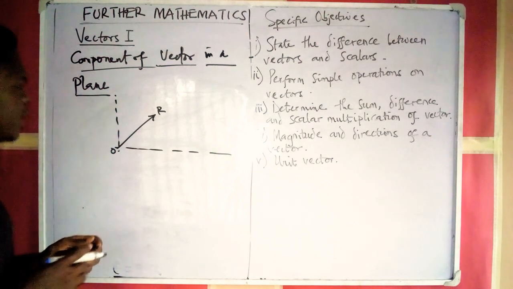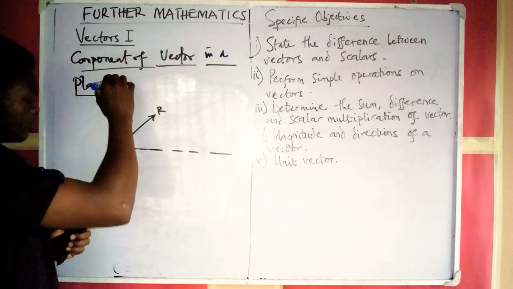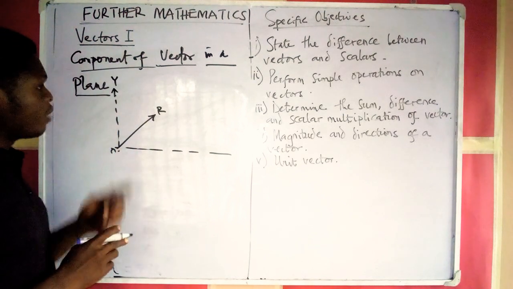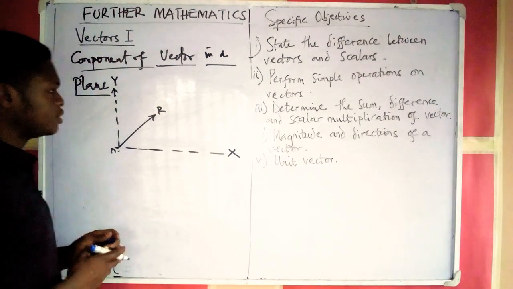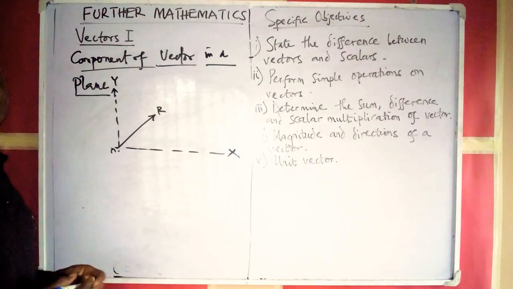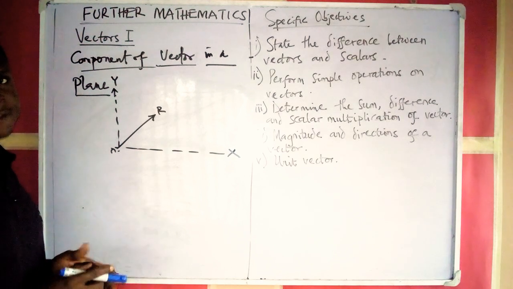When I talk about the vertical direction, I'm going to use OY to represent the vertical direction and OX to represent the horizontal direction, which are the two components on which we are going to have these vectors.